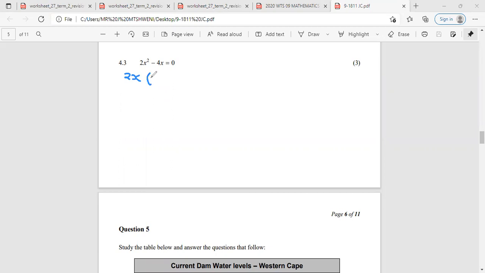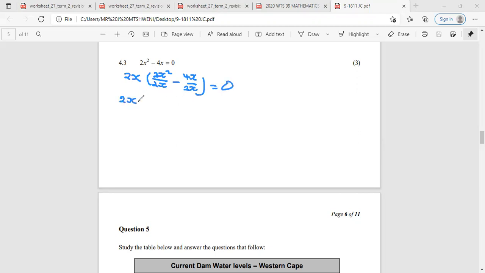Open the bracket. Just for those who want to understand, if you are struggling with the common factor, say 2x squared divided by 2x, then minus 4x divided by 2x. Open the brackets, and when you close it, say equal to 0.